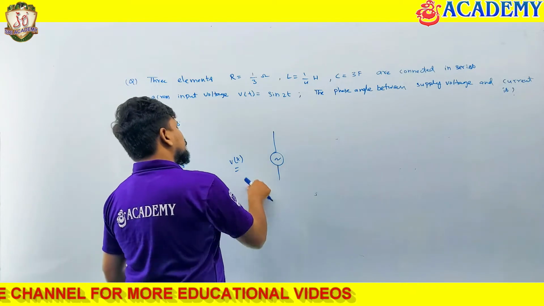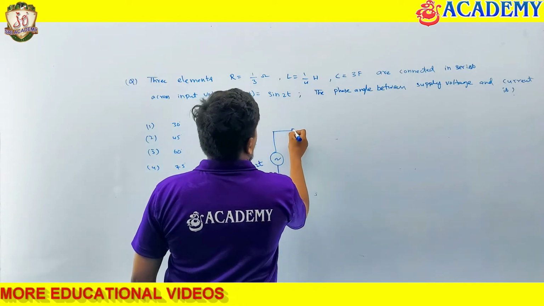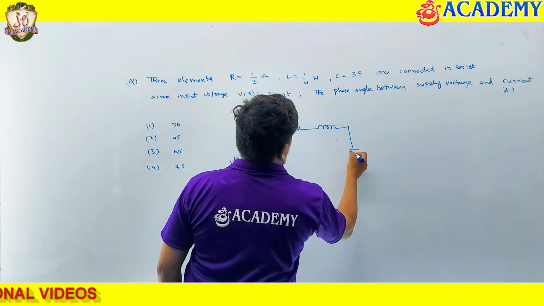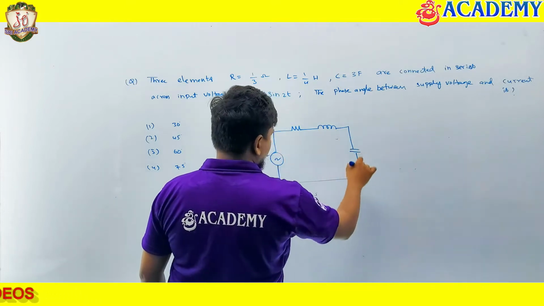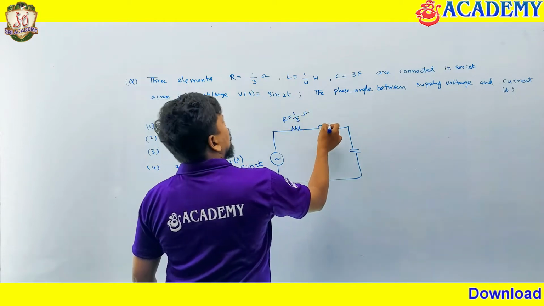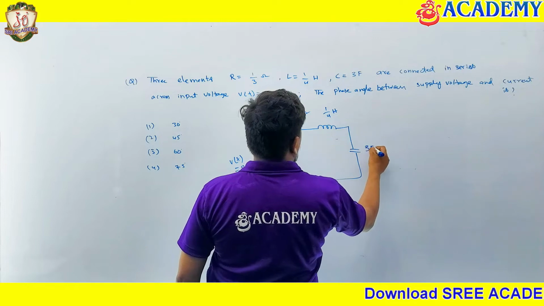They have mentioned that resistance, inductance and capacitance are all connected in series. So the R value is 1 by 3 ohm, the L value is 1 by 4 Henry, and the C value is 3 farads.